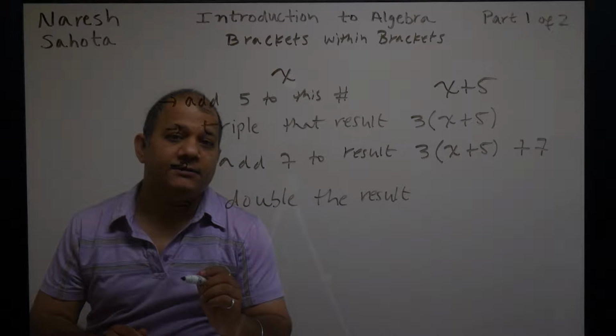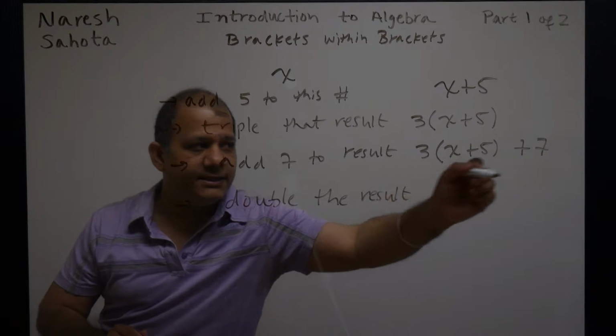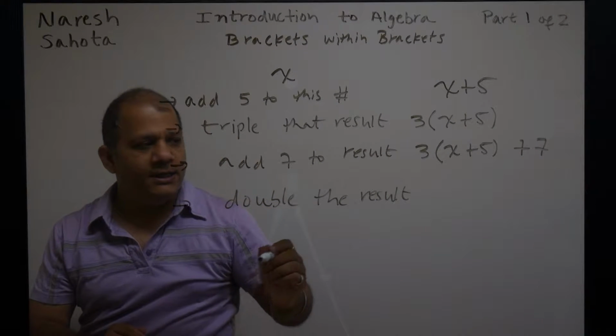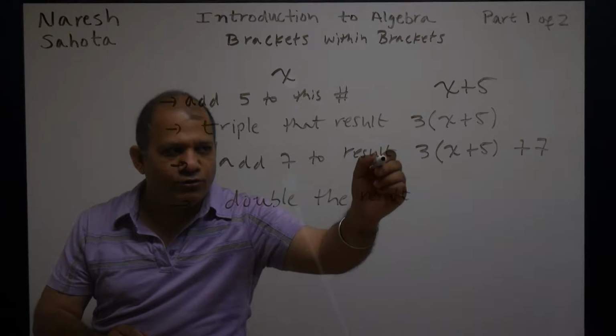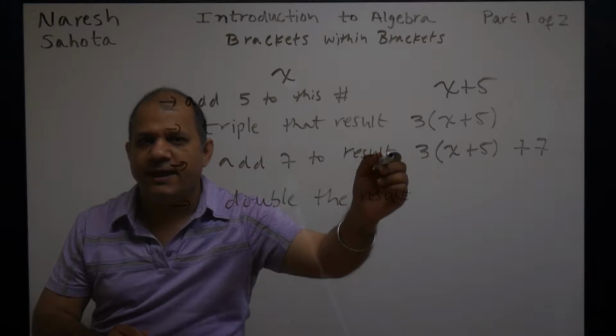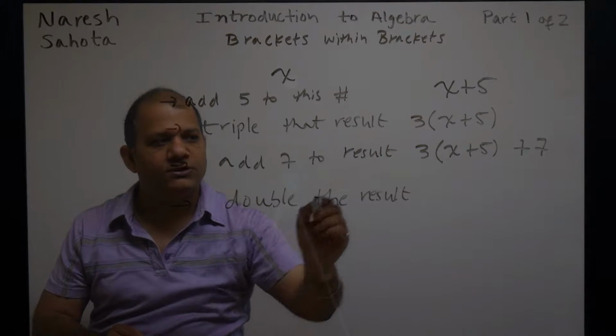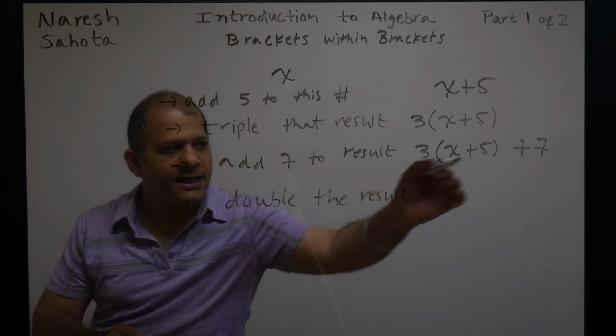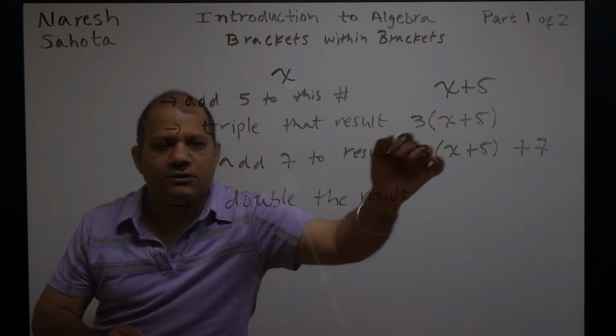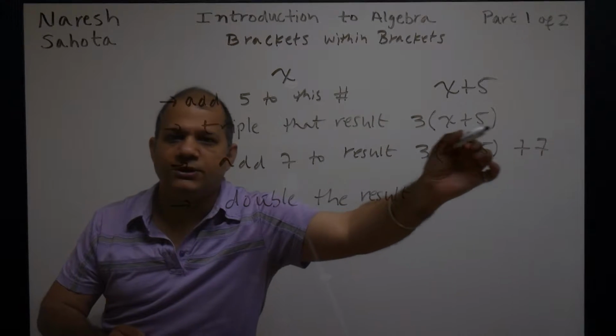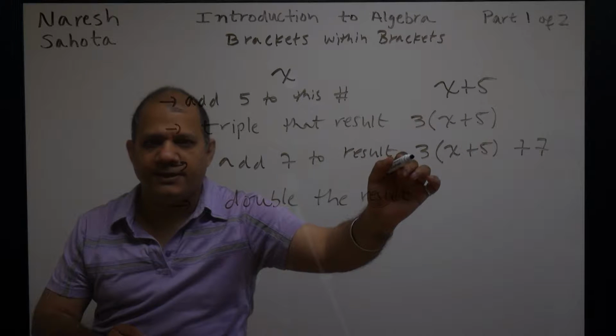When I double it, I want to multiply this result by 2. Now what if I just wrote 2 in front, 2 times? That would be incorrect. So what's the proper way? When I double it, the entire result in this step will double, right? Not just the 3.